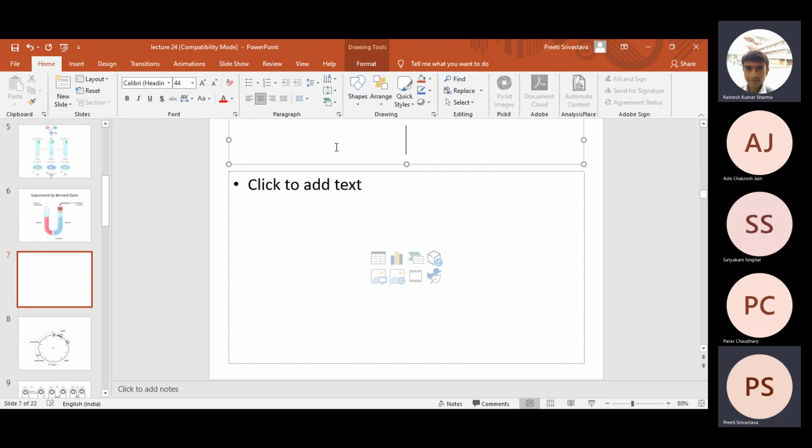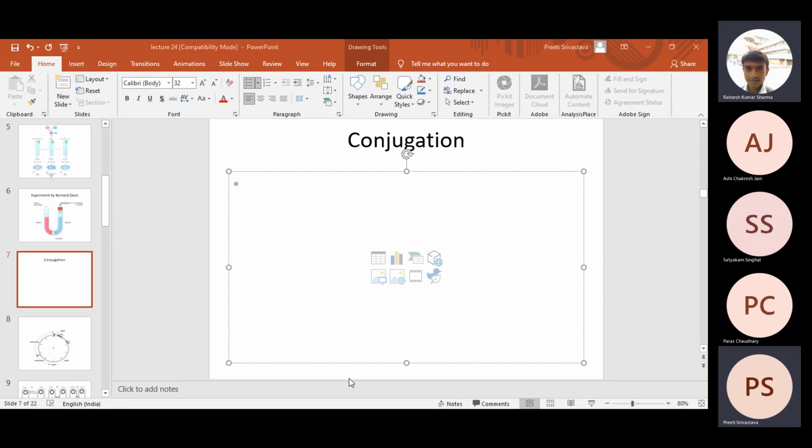So when a cell has F plasmid, it can form a pili and transfer the plasmid to another cell, the cell which doesn't have the plasmid.